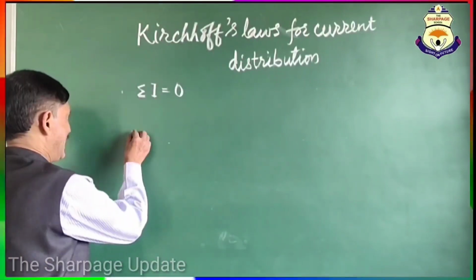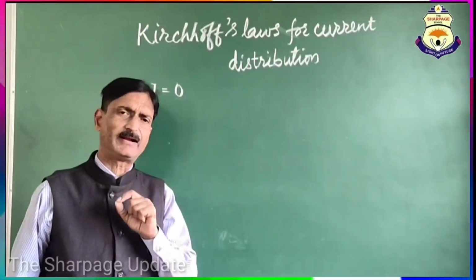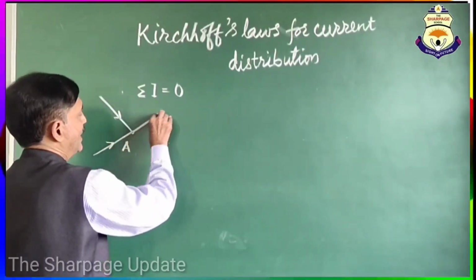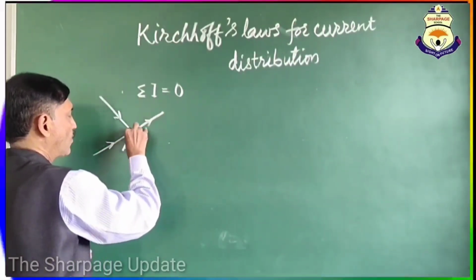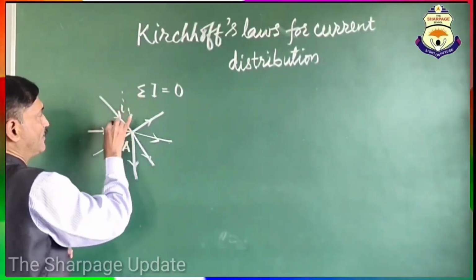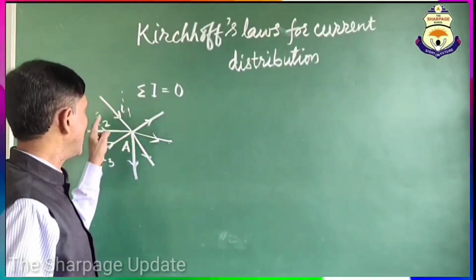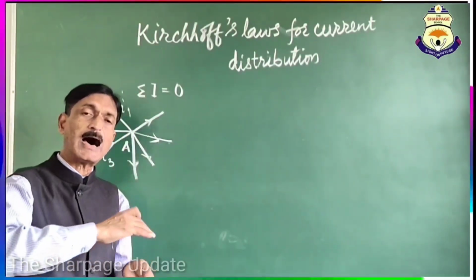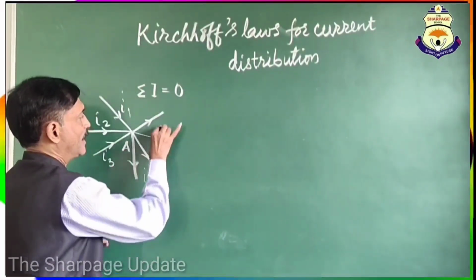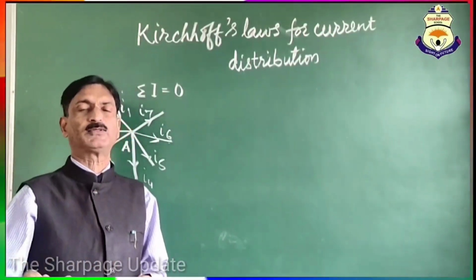For example, A is a junction of an electrical circuit, and at this junction, suppose some currents are incoming currents and some currents are outgoing currents. You can see here I1, I2, I3 are the incoming currents, the currents coming towards the junction, and I4, I5, I6, I7 are the currents going away from the junction.